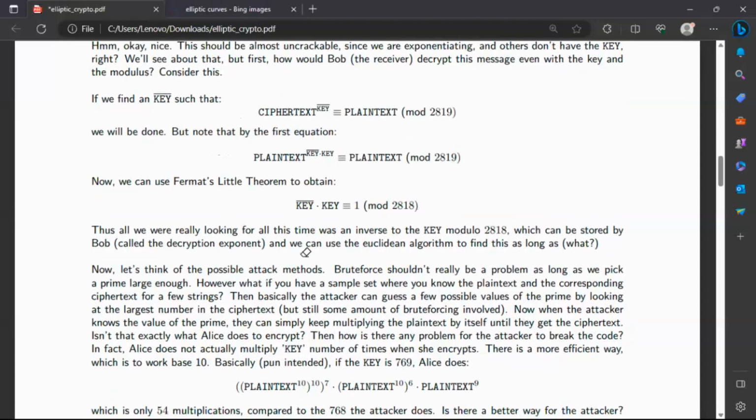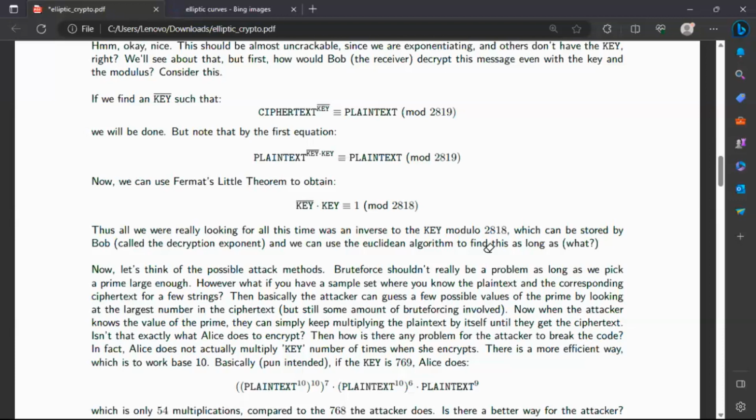Brute force shouldn't be a problem, because we're picking a prime large enough that it will not make sense for someone to brute force it. But suppose the attacker has a sample set where they know both the plaintext and the corresponding ciphertext for a few strings. Then the attacker can guess a few possible values of the prime by looking at the largest number in the ciphertext.